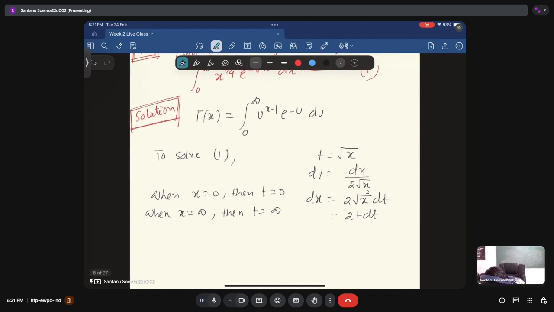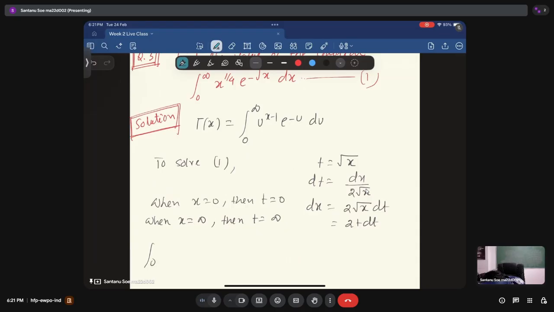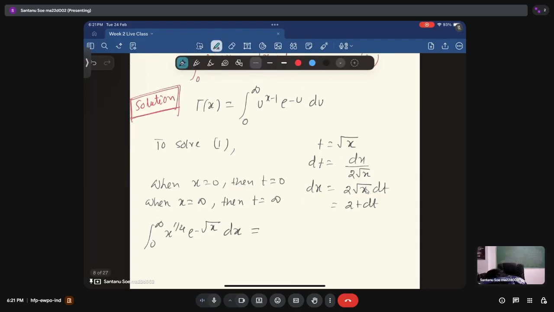So that means our integration will be changing from 0 to infinity, of x to the power 1 by 4 e to the power minus square root of x dx. This is equal to, so this is going to be also from 0 to infinity.